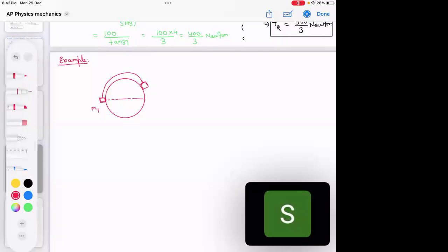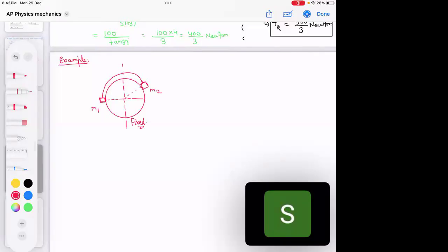Do you understand the question? This is M1 block, this is M2 block, like this. And this is a fixed sphere, okay? Or you can consider a fixed cylinder is there.